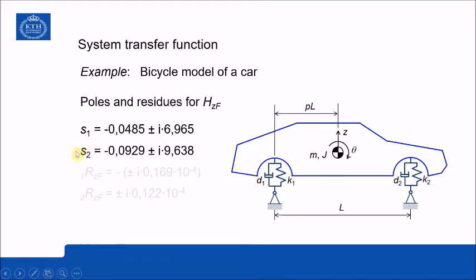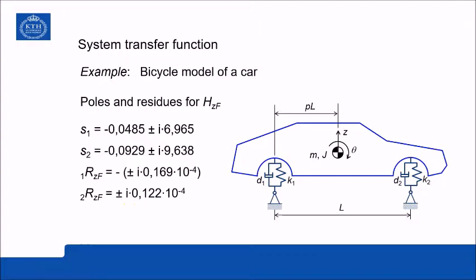And it gives us a second pair, like this. To the first pole pair, S1, corresponds a residue pair, R1, like this. And to the second pole pair, we have a second residue pair, like this.